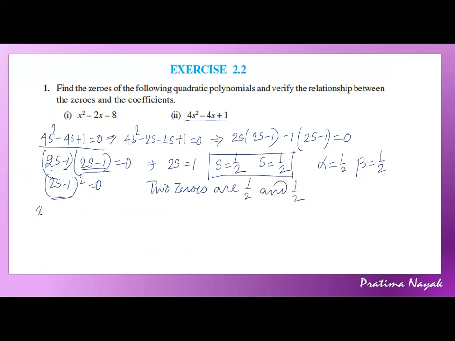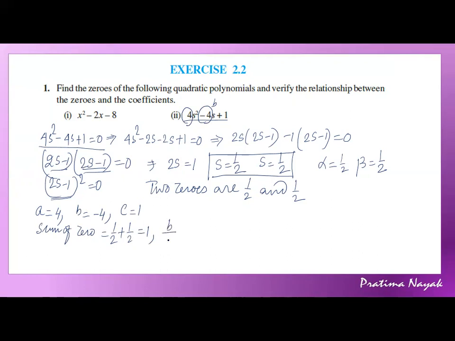Next, what is A here? A is 4. What is B here? B is minus 4. What is C here? C is 1. Then we'll go for the properties. Sum of zeros: how much is half plus half? Half plus half is 1. Don't write equal first, write a comma.